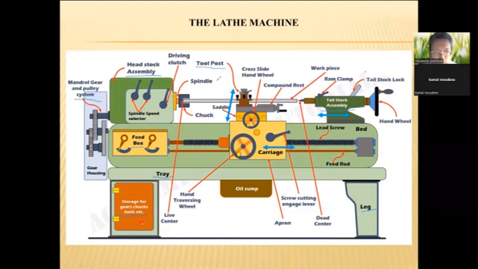Tool post to take the cutter. You can see the spindle and chuck. And you can see the workpiece.